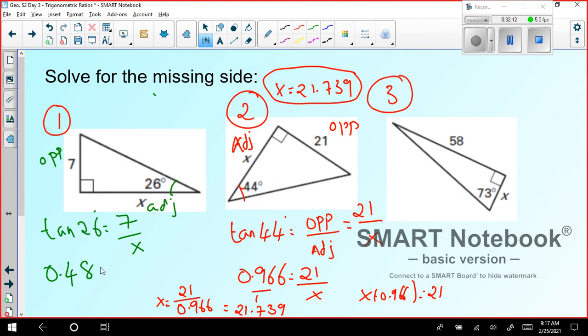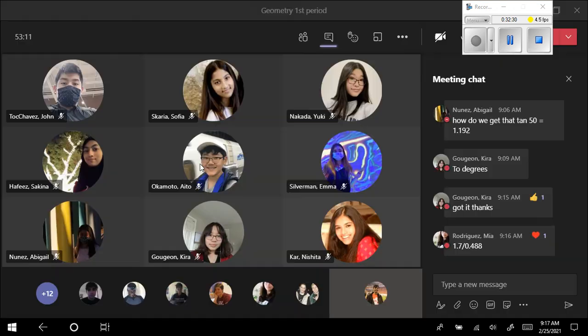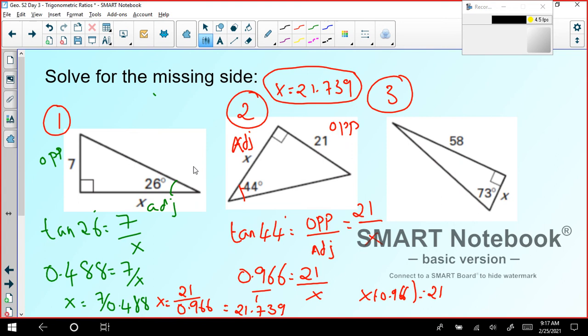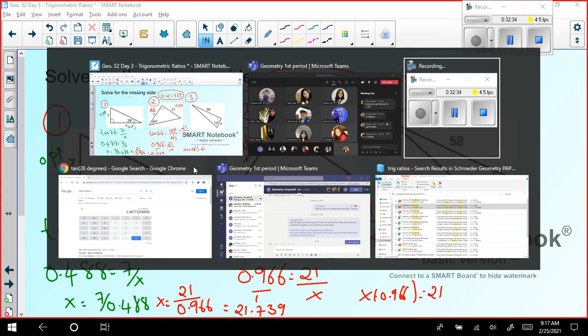Tan 26 degrees will give you 0.488 equals 7 over x. So further simplify this to get x equals 7 over 0.488, which we had got, but further we can simplify that using the calculator. 7 over 0.488. Let's use the calculator.